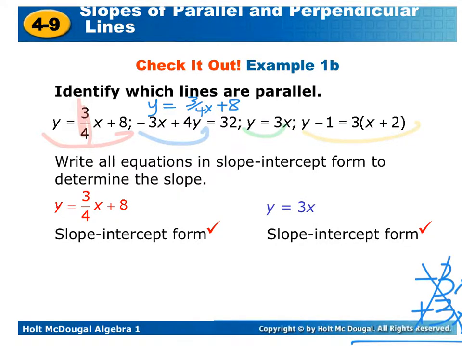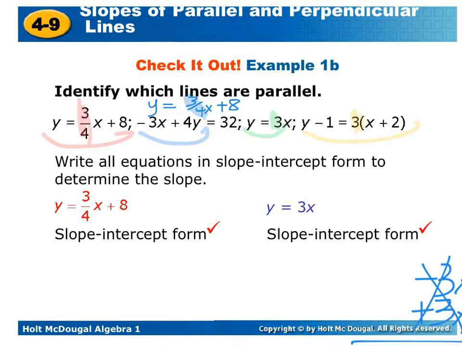All right, so what's my slope now? 3 over 4. What's the slope of the green line? 3. Good. What's the slope of the yellow line? 3. Okay, it's in point slope. I don't need to distribute. All I needed was the m. All right, now that we've rearranged, which ones are parallel?